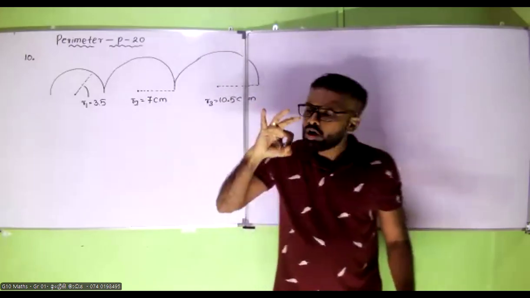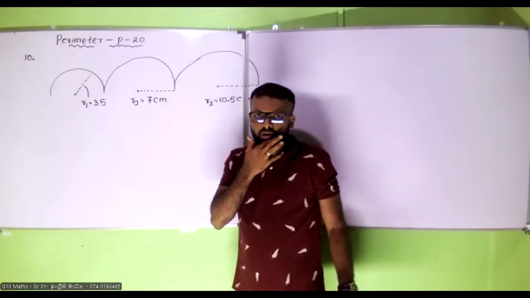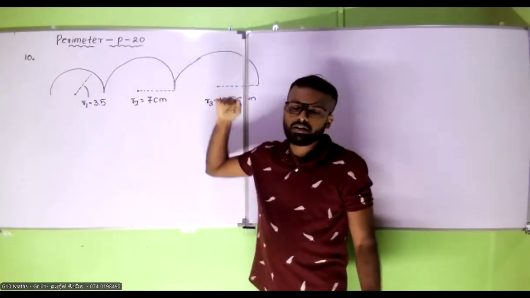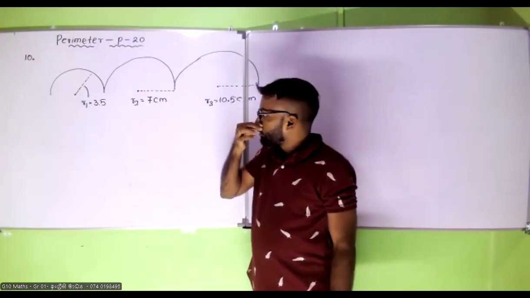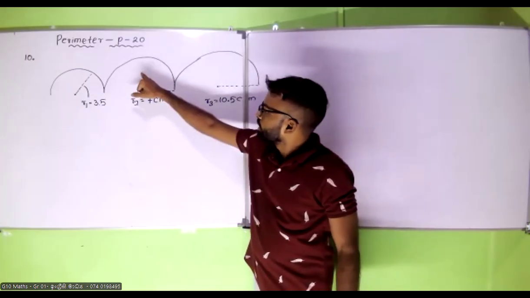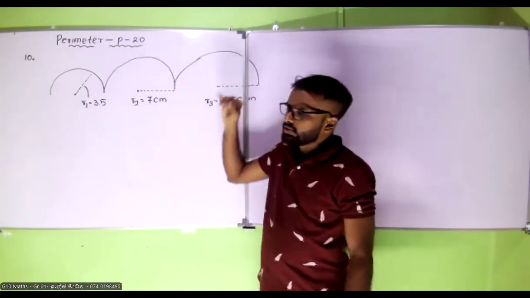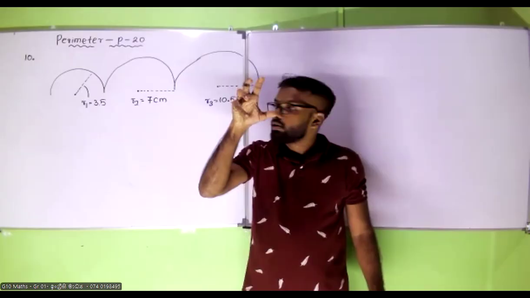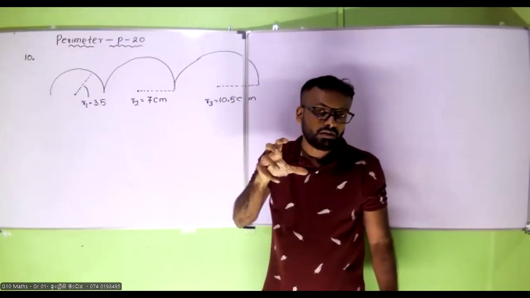So you know, guys, all of these are half circles, right? Actually, these are not full circles, half circles. And when you want to find the length of this, this is some kind of an arc.